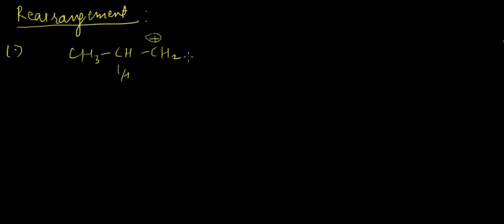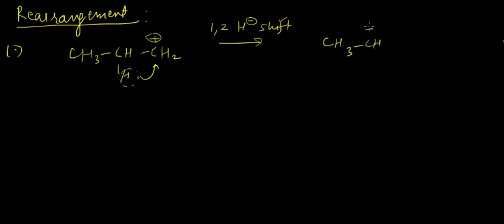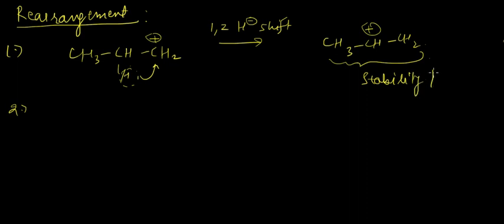As you know, the positive charge on the secondary carbon would be more stable, so a 1,2 H minus shift would happen, in which this H would leave as a minus group and attach onto this carbon atom, forming a positive charge on the second carbon atom. So we would have something like this, so as to increase the stability of the carbocation.